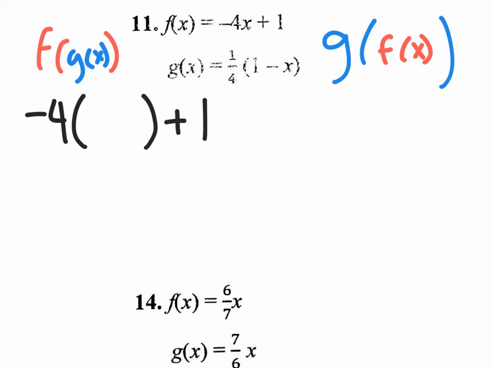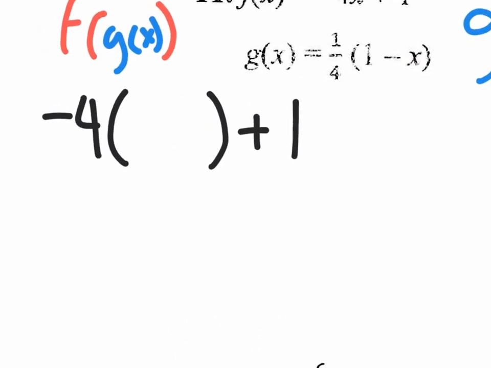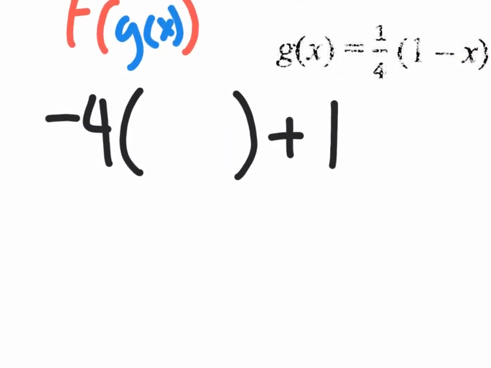That's my f of x function. But what am I plugging into my f of x function? What am I going to plug in here? My g of x function. Does that make sense? So I'm going to plug in the 1/4 times 1 minus x. That's an ugly function. I'm plugging it in. Okay?